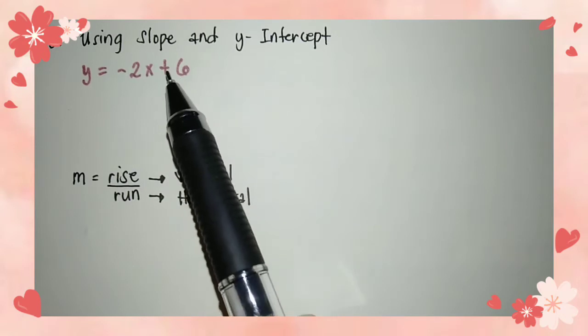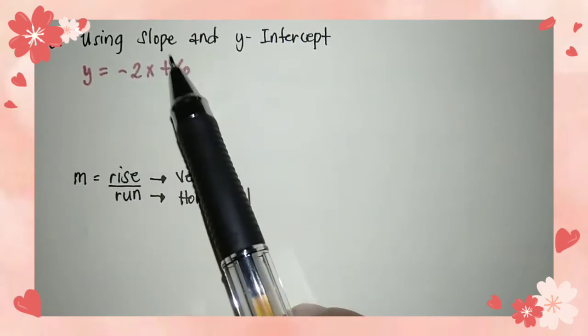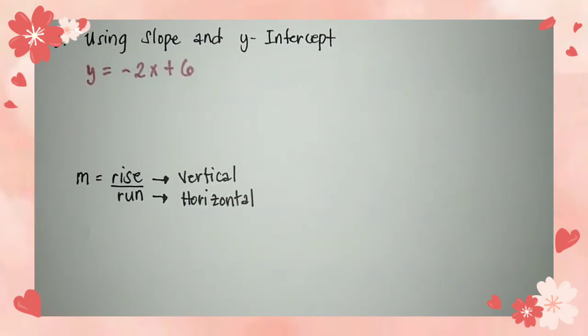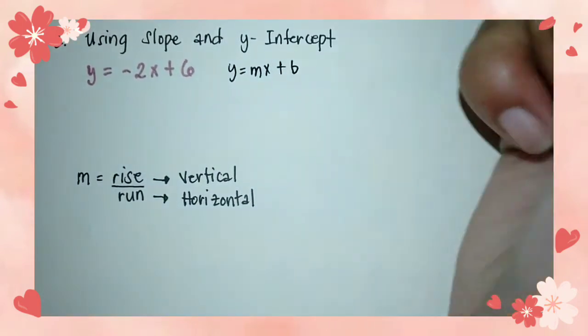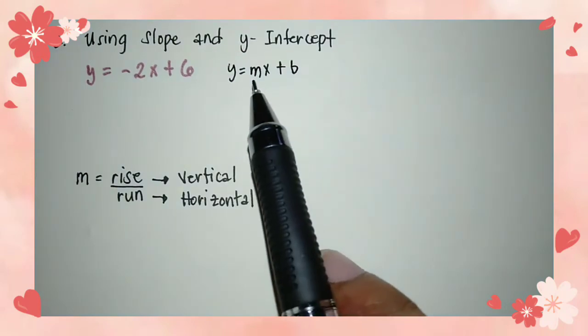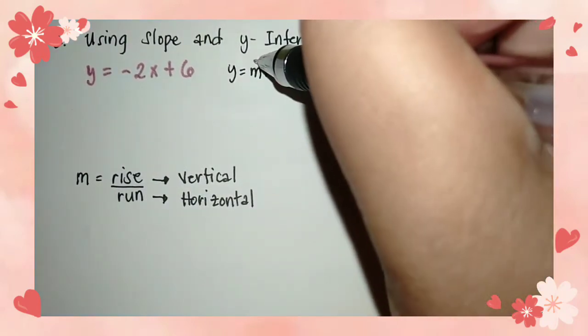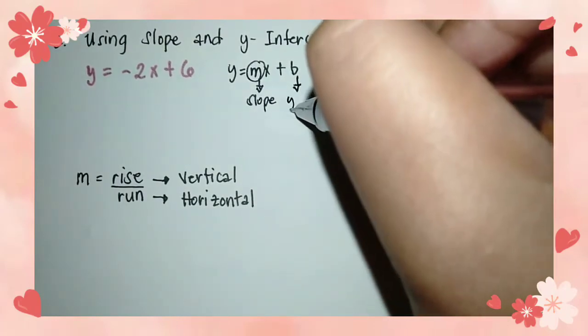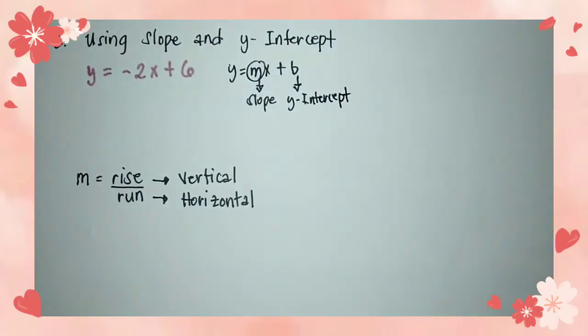Remember, this linear equation is in the form y is equal to mx plus b, or the slope-intercept form, right? Wherein ang ating slope dito is yung m, and ang ating y-intercept is itong b. Ayan, y-intercept. So what we are going to do first is to get the slope and the y-intercept in order for us to graph a linear equation.